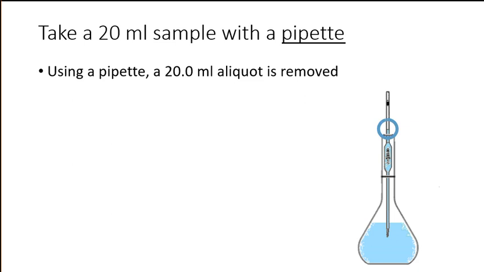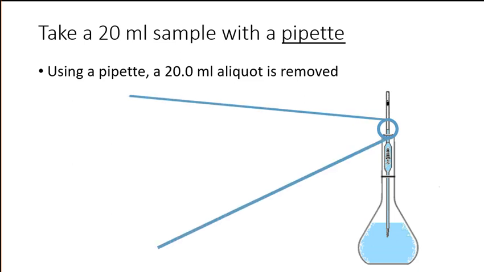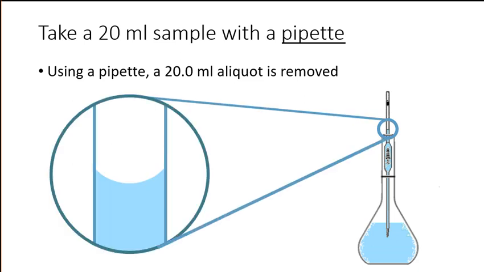But let's have a closer look at what's going on. So you'll remove the solution, 20 ml of that solution, using the pipette right up to that 20 ml mark. But that's actually 3 significant figures, the uncertain digit being that last 0.